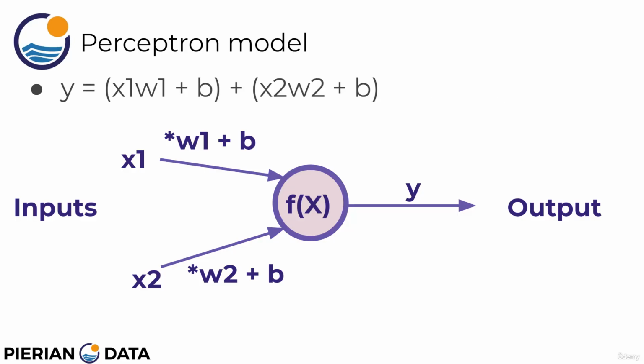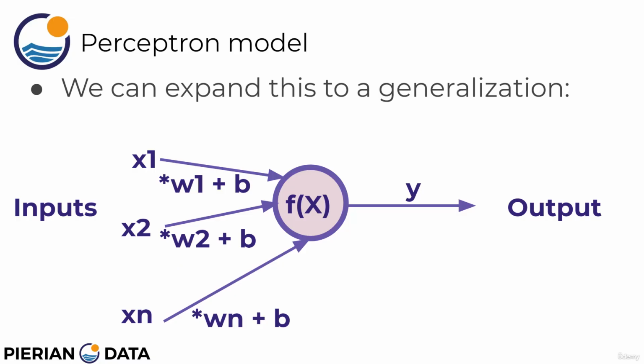So here, for this very simple example, we end up approximating the output of y to be equal to x1 times w1 plus b plus x2 times w2 plus b. And this is just a very simple summation that's happening inside the neuron. Later on, we'll talk about more realistic activation functions that you'll have in typical networks. Keep in mind, we can expand this to a generalization for a variety of inputs all the way to some input n.